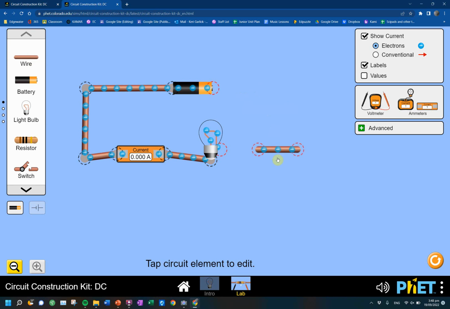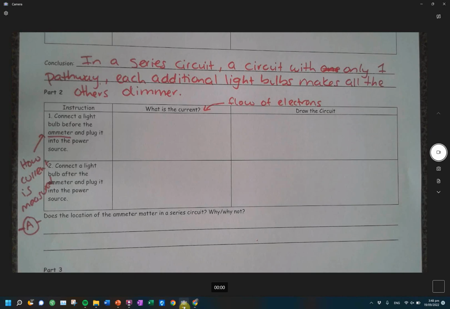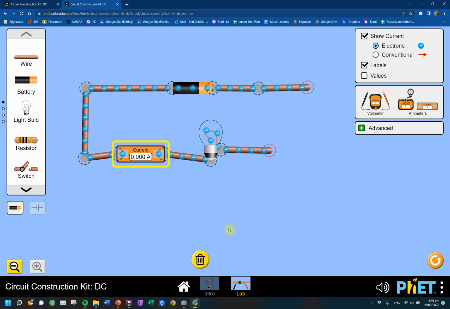Like that, and like this. So this is what I have set up. Did I say before or after? Before the ammeter, sorry. Connect the light bulb before the ammeter. So this should actually be the other way around.